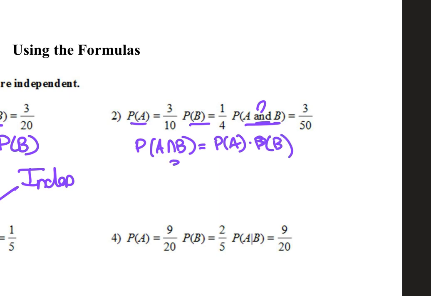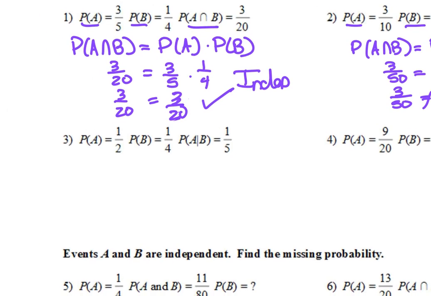A and B is 3 over 50. Probability of A is 3 over 10. Probability of B is 1 over 4. So do the math: 3 over 50 is not equal to 3 over 40. Sometimes it's easier to write it as a decimal to see that they're not equal, and that's also allowed, as long as they're both decimals or both fractions.